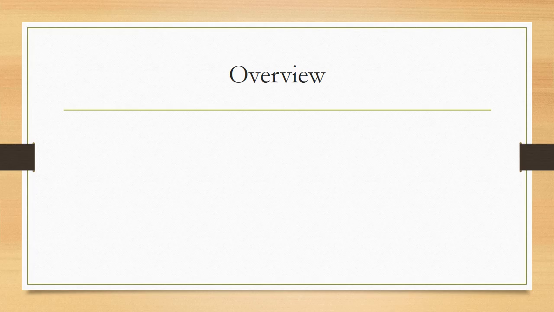So the overview of this lesson, we're going to do three things. First, we're going to look at the actual assignment prompt, what you see on Canvas when you go to the assignment for the first major paper. We won't cover that in every minute detail. I'll just go over the main part of it to make sure you understand really clearly what I'm asking you to do for the assignment.